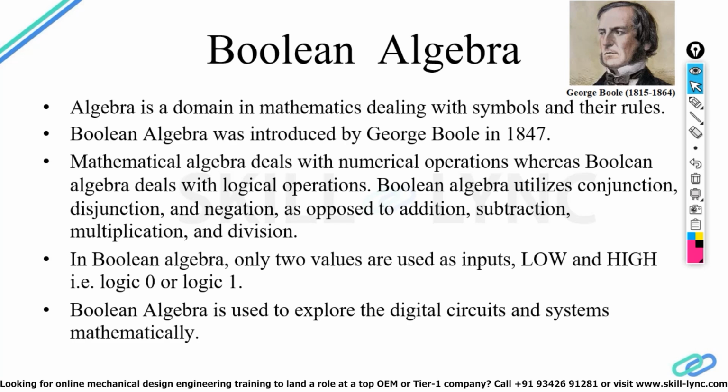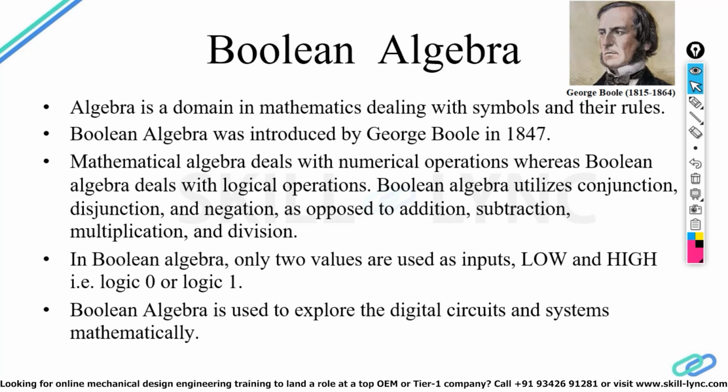So Boolean algebra is the set of rules which are used to simplify the given logical expression without changing its functionality. As we know, algebra in mathematics deals with symbols and their rules. In 1847, George Boole introduced Boolean algebra.